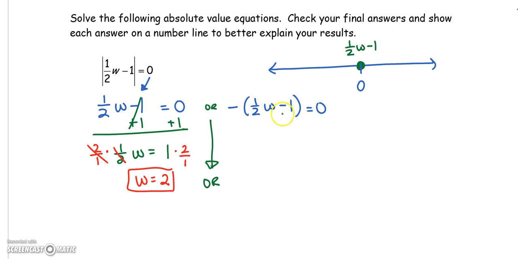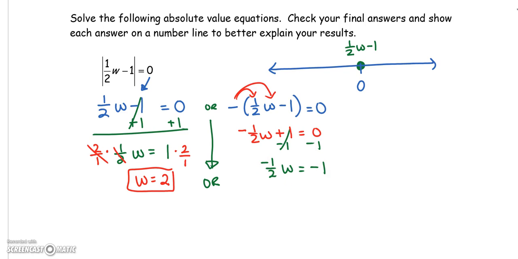And then I'm going to go ahead and write, distribute this negative to everything. So we have negative 1/2 W plus 1 equals 0. So we're going to go ahead and subtract the 1 to the other side. Negative 1/2 W equals negative 1.